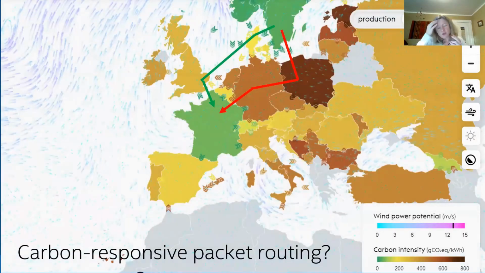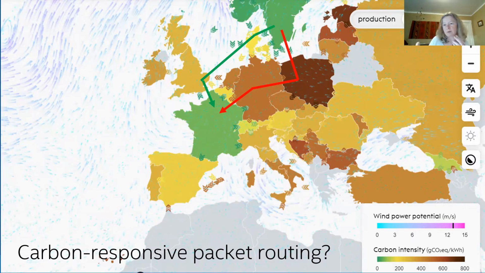Another issue: my colleague Eve is a networking person. She's actually responsible for one of the protocols that we're using now to be able to run Zoom. That's what she's known for. Right now in networking standards, she's really advocating for carbon responsive packet routing.